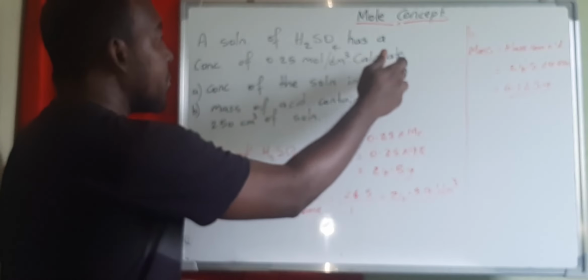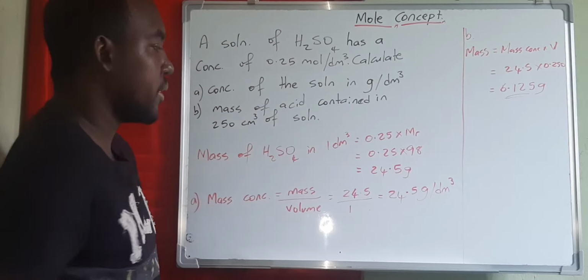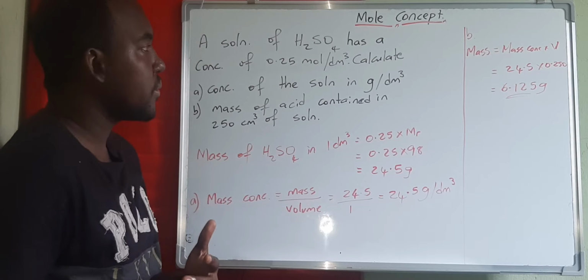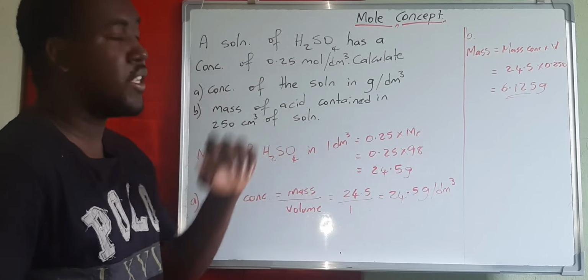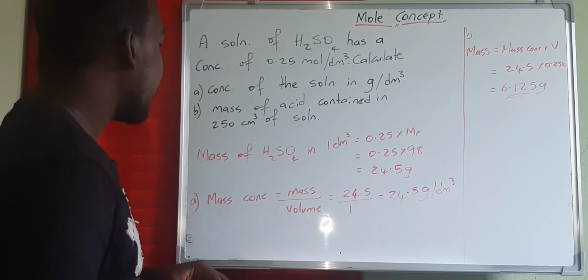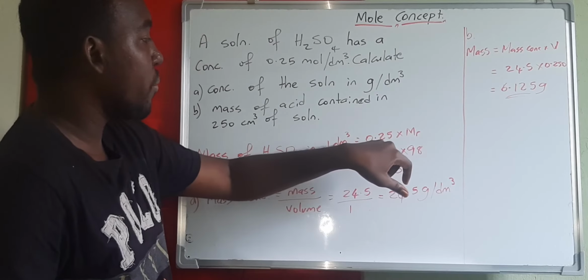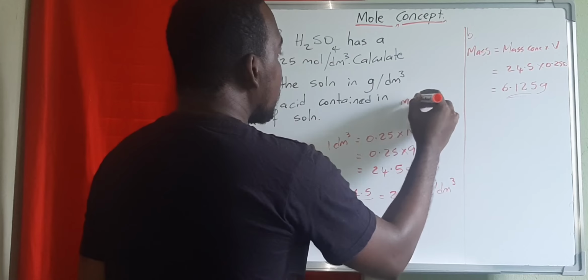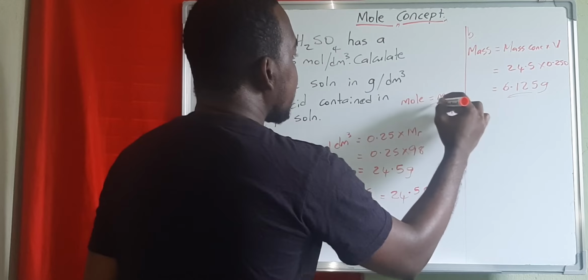So with that, we need to find our mass concentration, because this is gram per dm cube, and we're given the mole concentration. So first, we can find the mass of the acid in this concentration. We know that mass is our mole times molar mass, given from mole equals mass over molar mass.